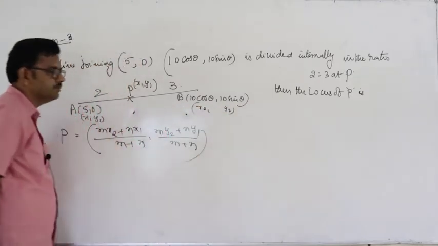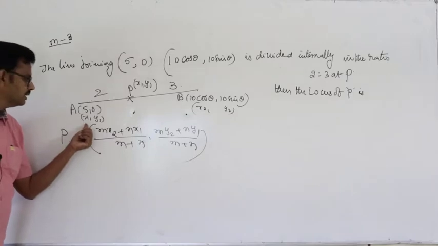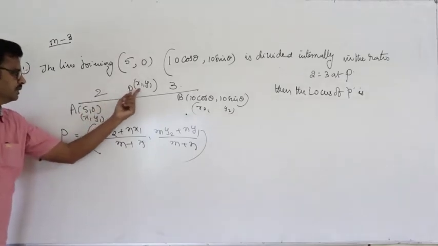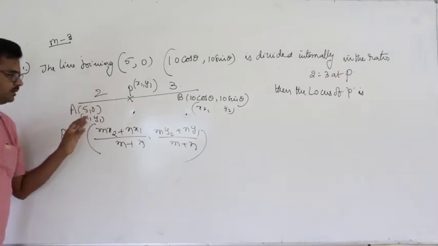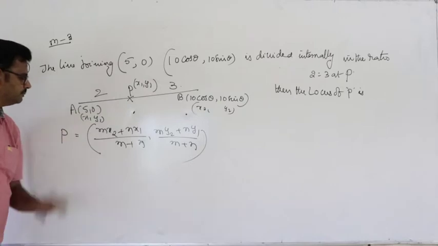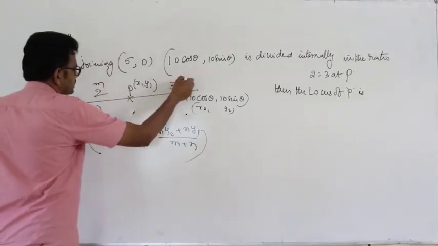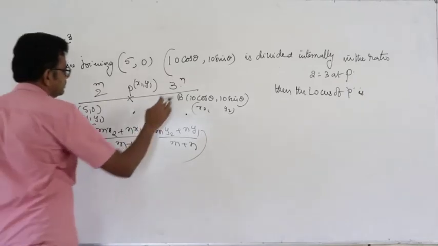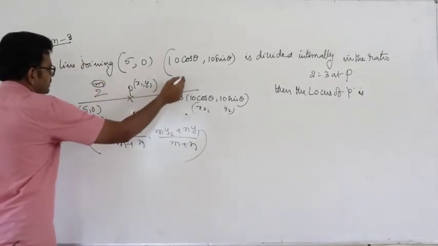Just take the formula, forget about the unnecessary ones. What is m is to n? This is m, this is n.